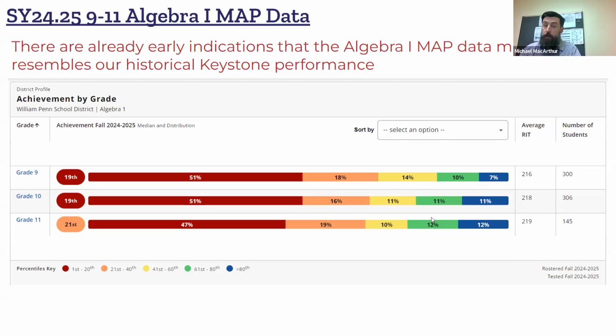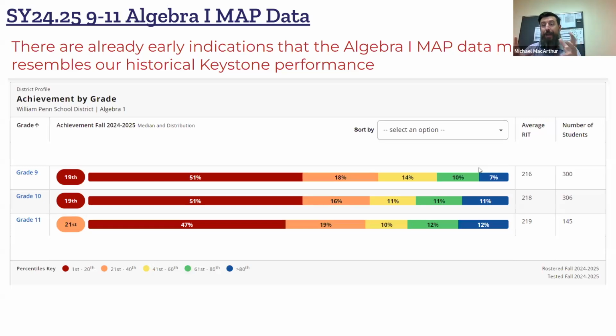Now, we don't have a linking study for the Algebra 1 test, nor do we have internal research, because this is the first time we're doing it. But because that's how it works out with the biology and the literature, that's going to be our working assumption this year. And already we can see that the performance is matching up more with what we would expect.